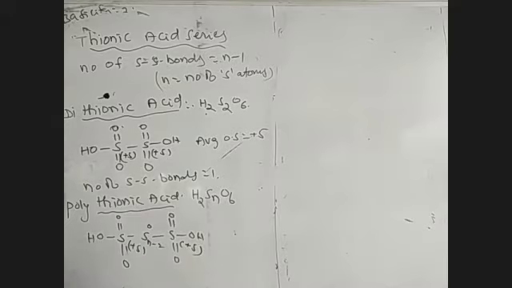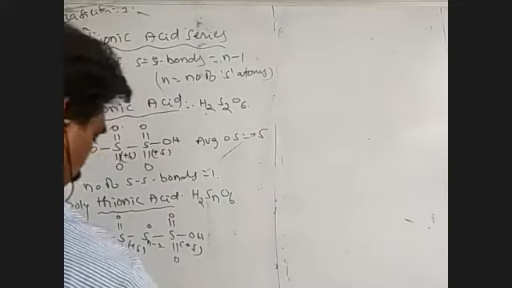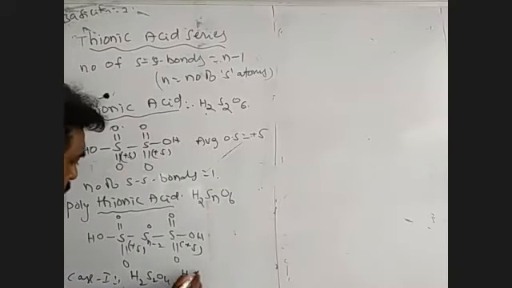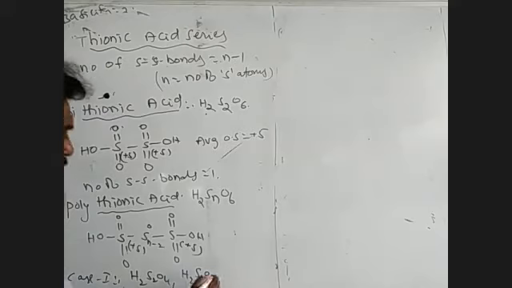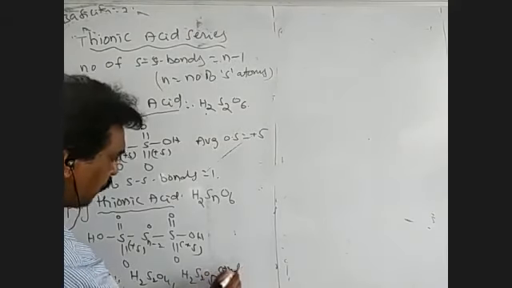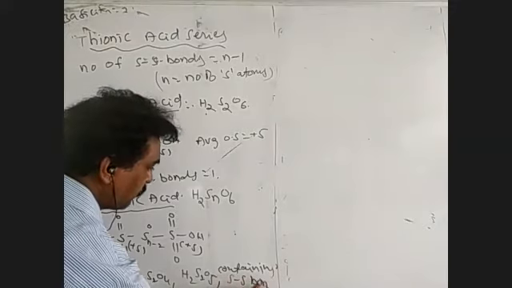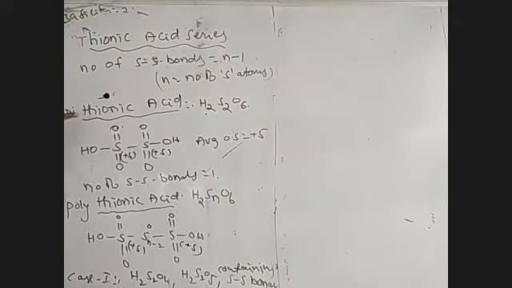Some SS bonds are also present in the compounds of disulfurous acid H2S2O4 and pyrosulfurous acid H2S2O5. So, SS bonds are present in dithionic acid, polythionic acid, disulfurous acid and pyrosulfurous acid.